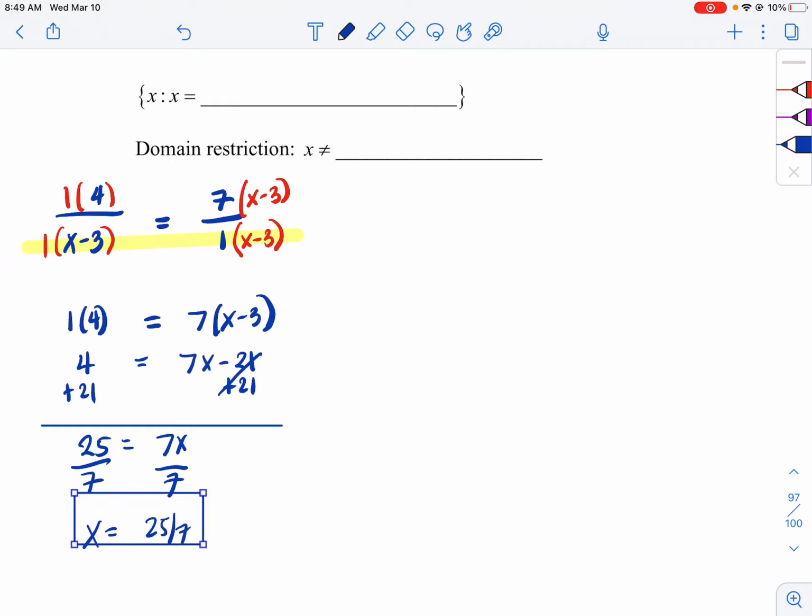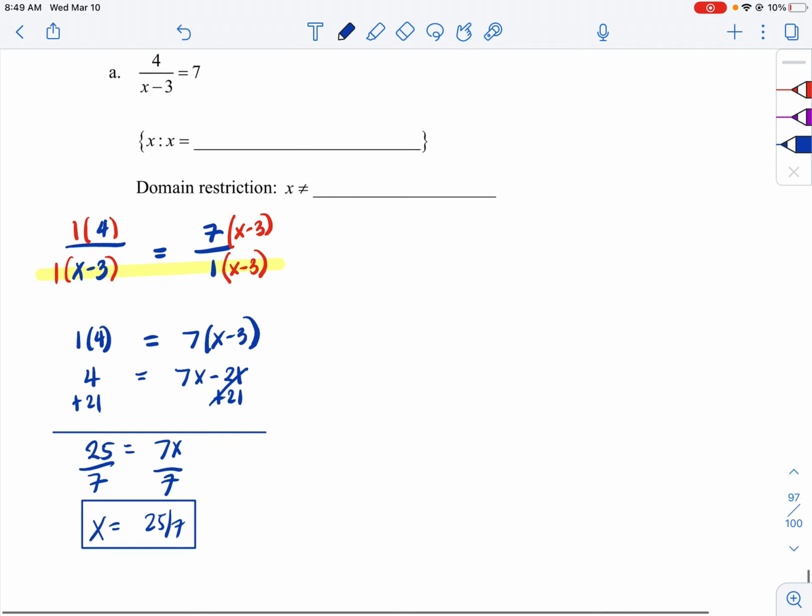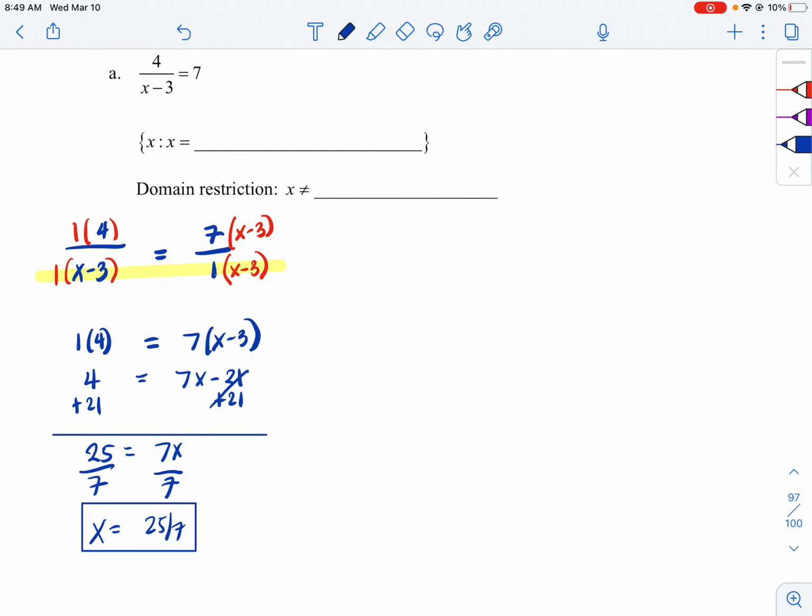Normally, we have to check our equations, right? We have to plug in 25 over 7 and see if it actually matches. But because we already matched the denominators in the beginning, we know that x is going to work. Now, here's our problem. This is a rational expression, right?